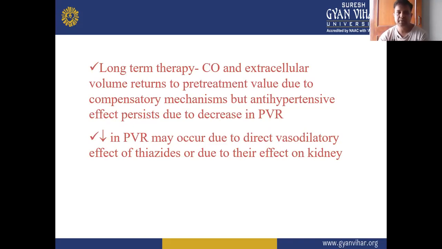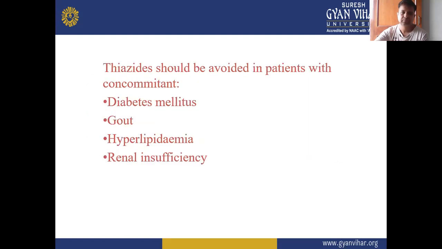This reduction in peripheral resistance may occur due to a direct vasodilatory effect of thiazides or due to their effect on the kidney. Thiazides should be avoided in patients with concomitant diabetes mellitus, gout, hyperlipidemia, renal insufficiency.